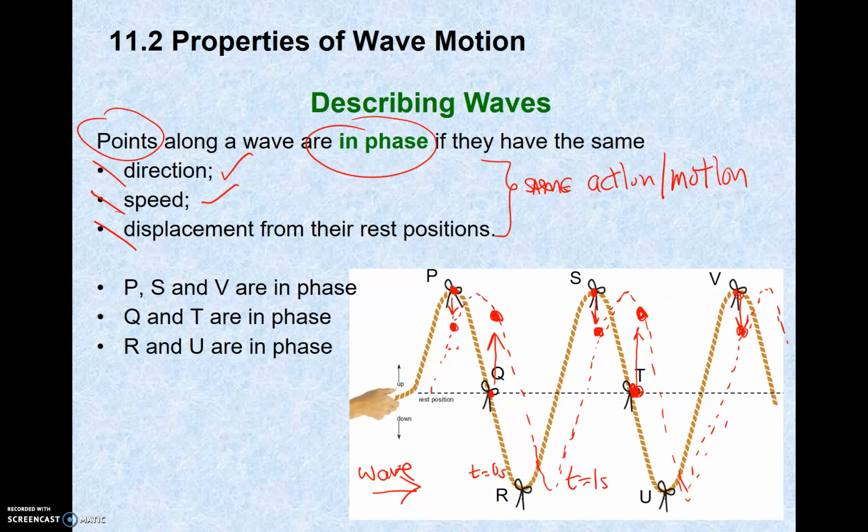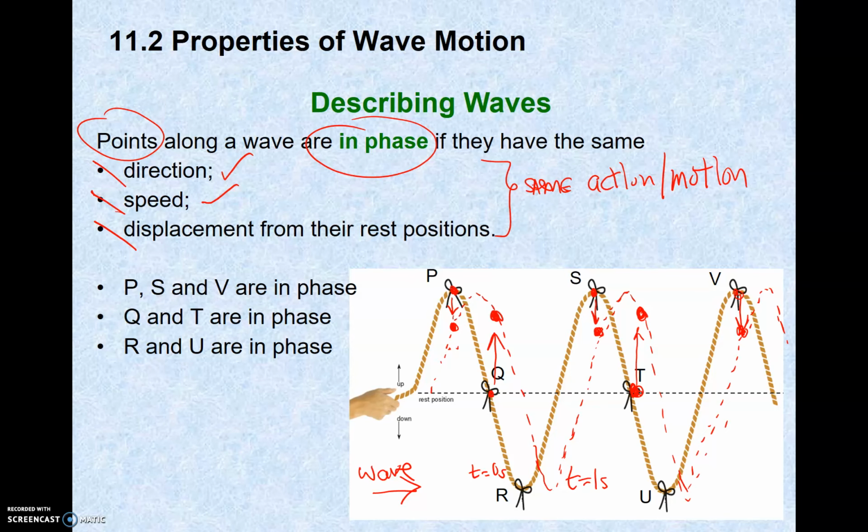So when we talk about in phase, students, you need to really look at what happens currently and compare it to 1 second later. There must be a time frame involved, such that you can check whether the particles are moving in the same direction, same speed, same displacement. It will be clearer if you compare before and after. Just take note of this when we talk about particles in phase.